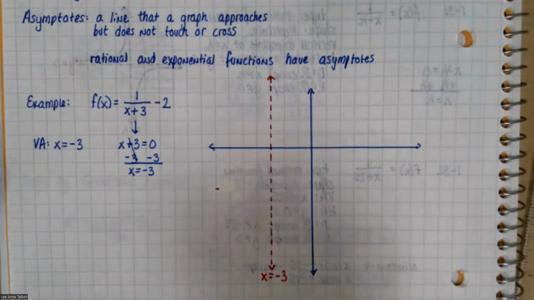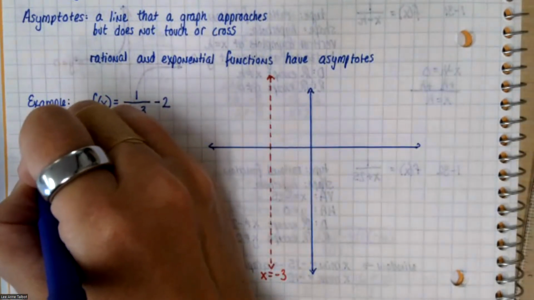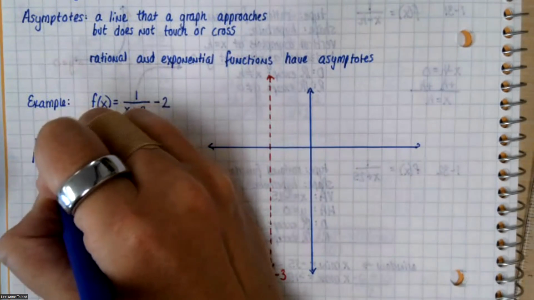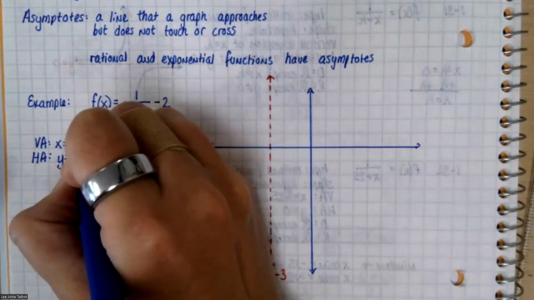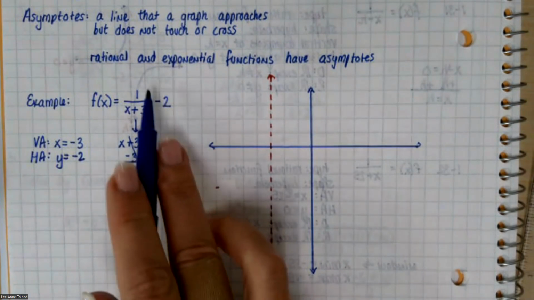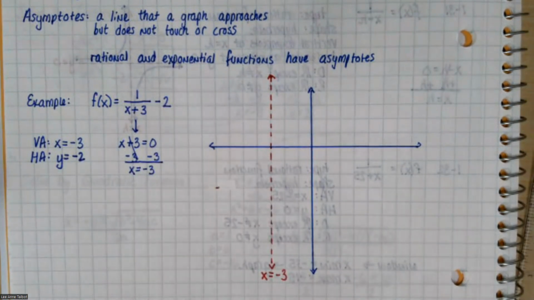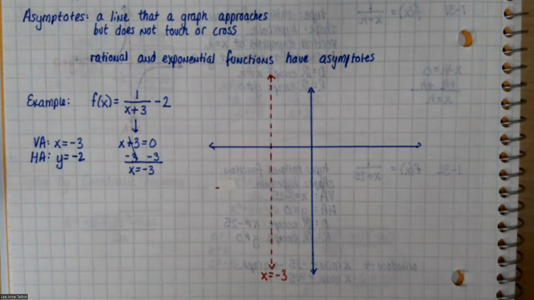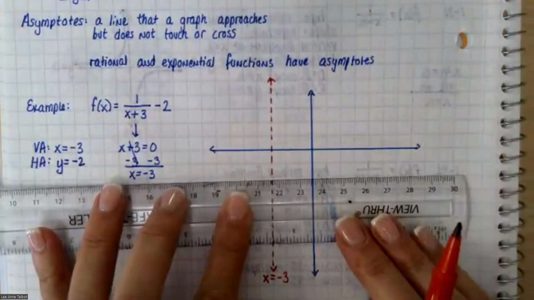Okay. I know there's a horizontal asymptote at y equals -2. That is because of this -2 off the end. It's a shift down 2 units.